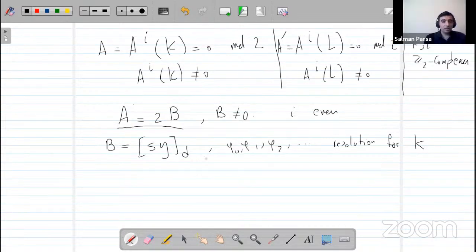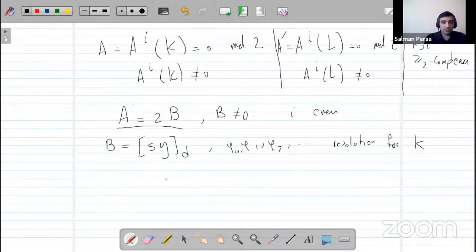And the way I do it, so maybe there are other ways to do it, is, so I've done it for the general P, and so this approach that I write works for a general action of CP. And so because A is 0 mod 2 and it's non-zero, we can write it as 2 times some B, where B is non-zero, and B is also a cohomology class and is therefore a class of some S eta.